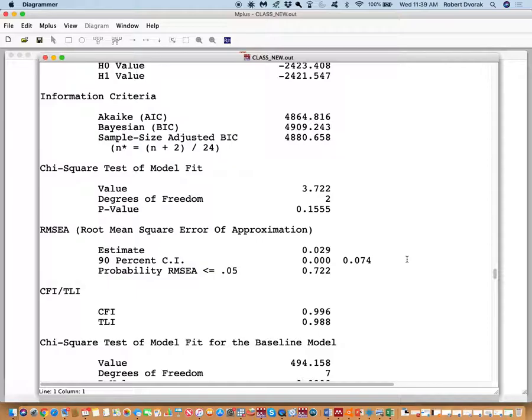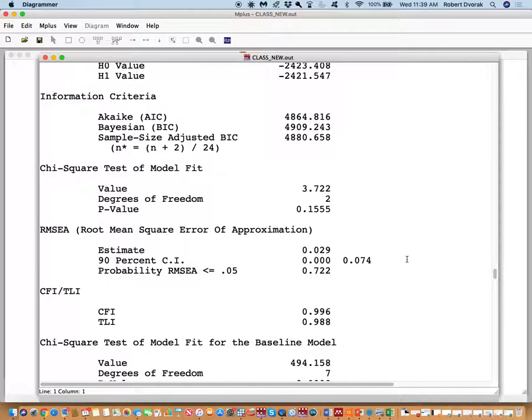Colleen? Who does not have fit statistics that match mine?